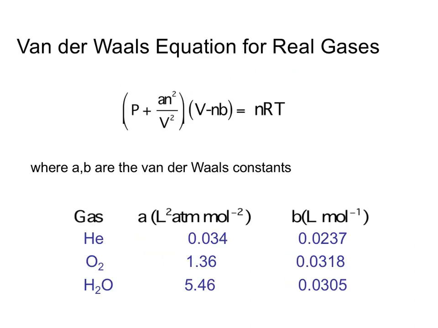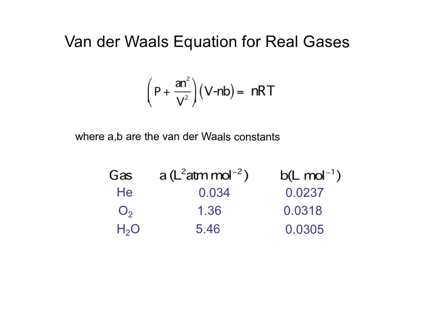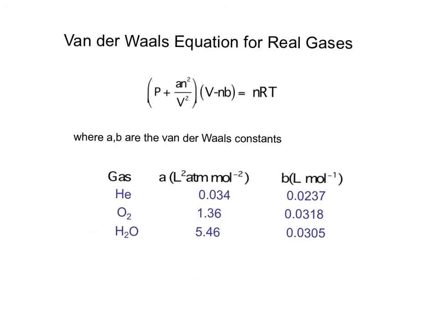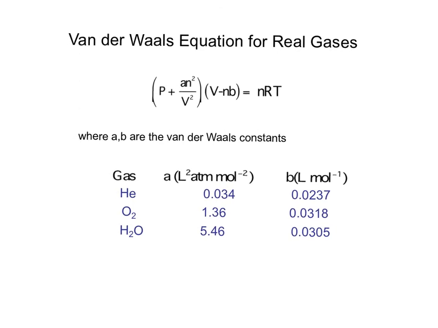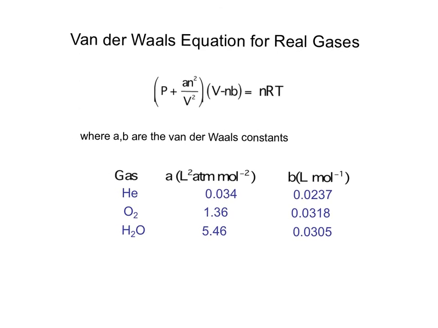And then the last slide here is called the van der Waals equation. This is an equation that van der Waals developed to account for the non-ideality of gases. And you've got these terms here, the a term and the b term. a and b are constants.